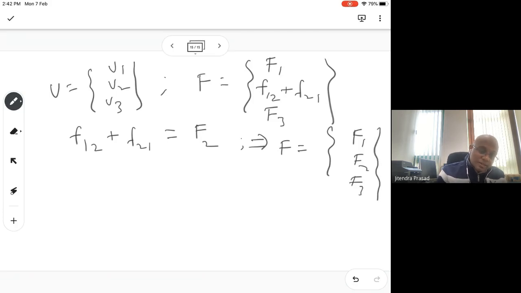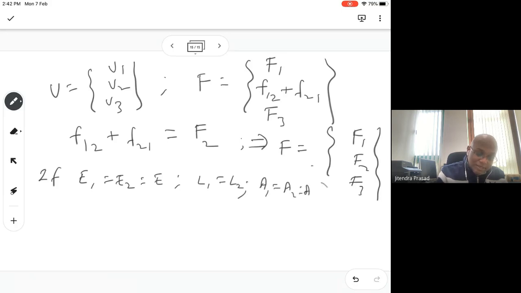Got it. If E1 equal to E2 equal to E, L1 equal to L2, and A1 equal to A2 equal to A, then what do we get?